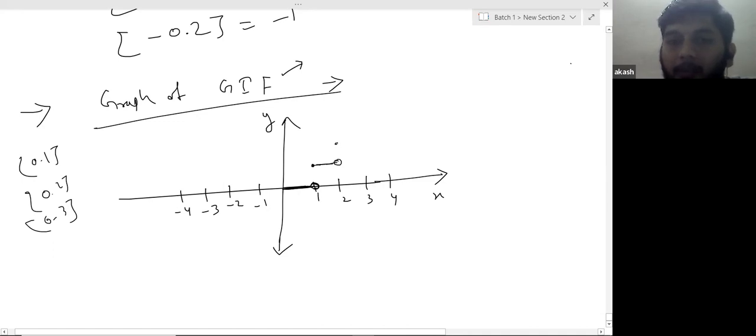At 2, this will be 2. From 2 to 3, the value will be 2, not at 3. At 3 it is 3, from 3 to 4 it is 3, like this. Is this clear?